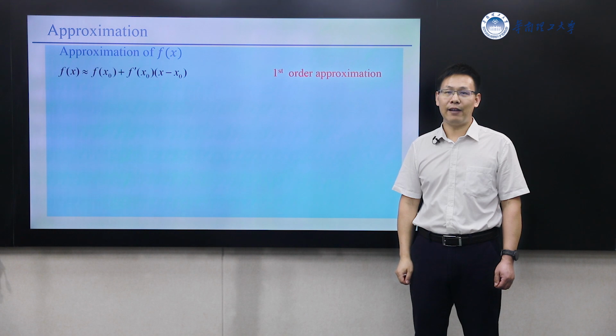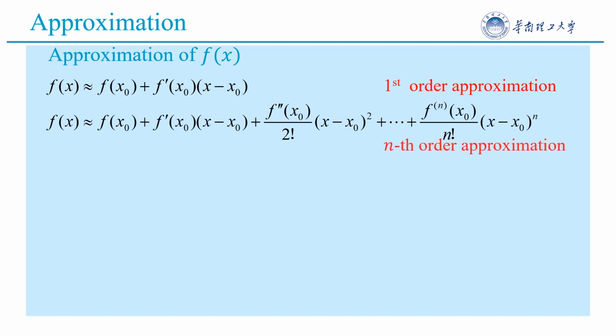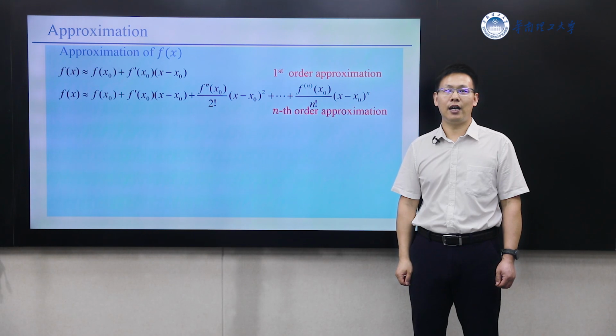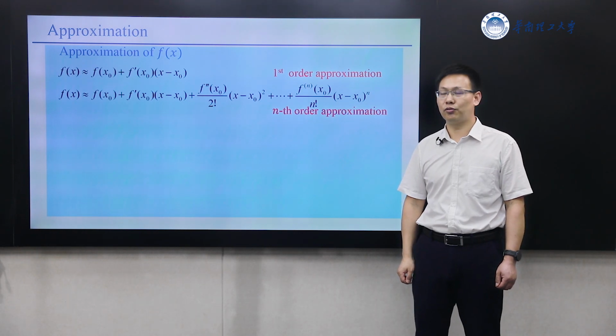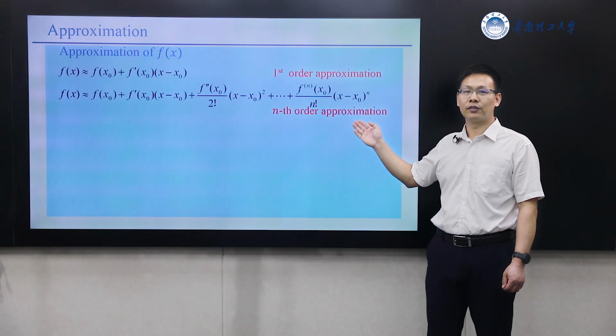Furthermore, if f has nth order derivative at x0, then we have the nth order approximation. f(x) is approximately equal to the nth order Taylor polynomial.